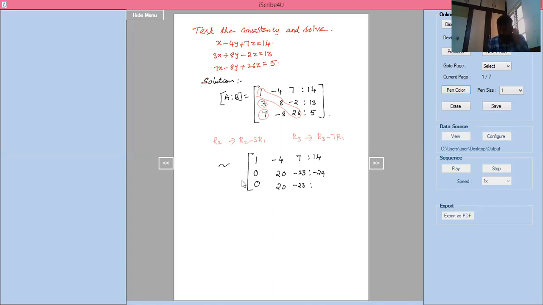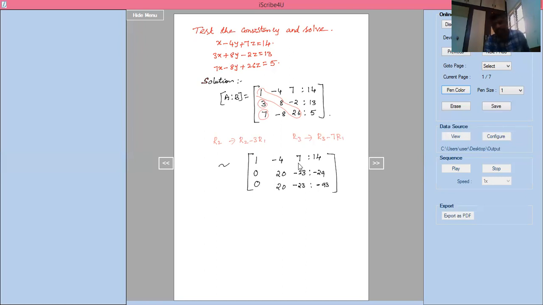Next one: 5 minus 70. R3 is 5, and 14 sevens are 98. So 5 minus 98 is minus 93.